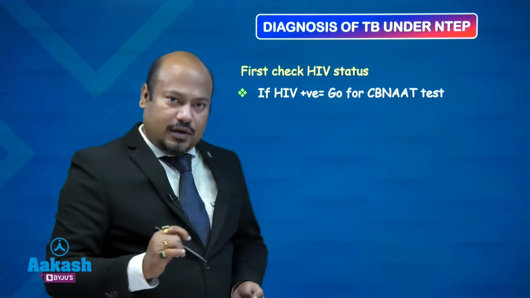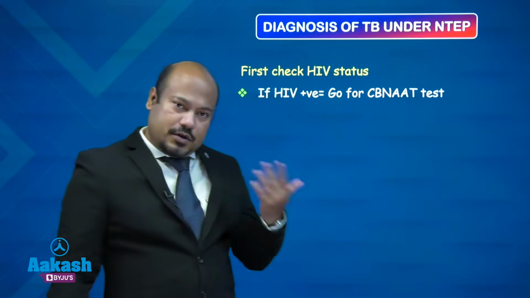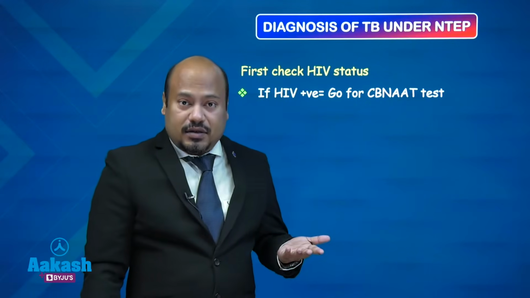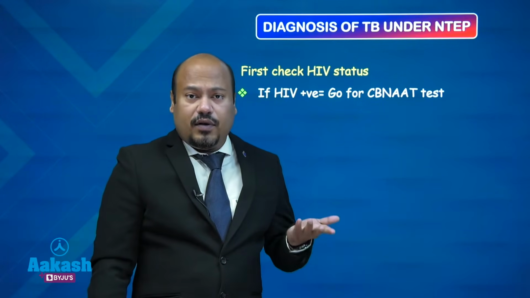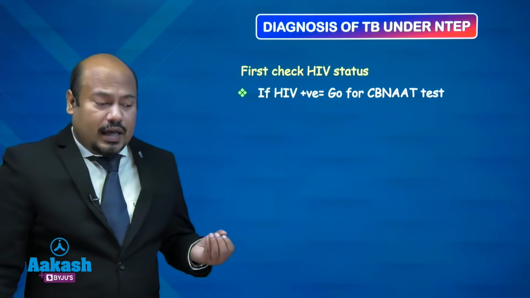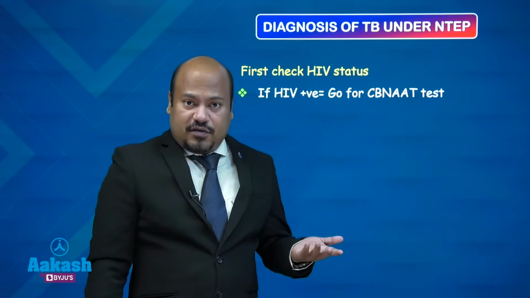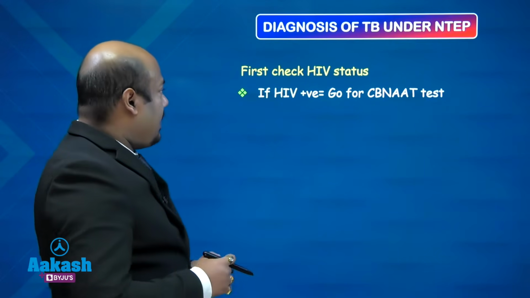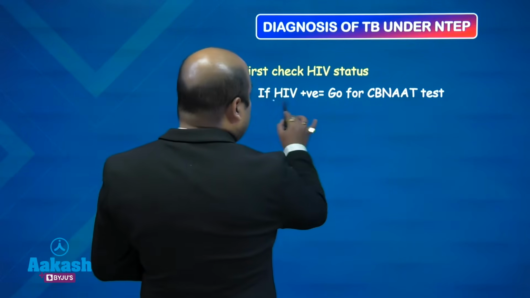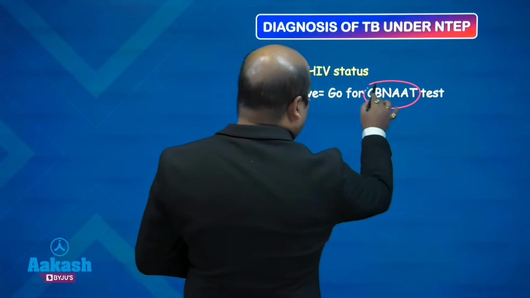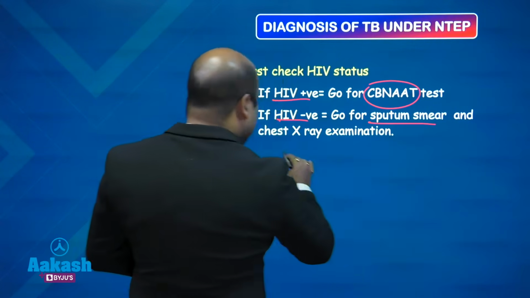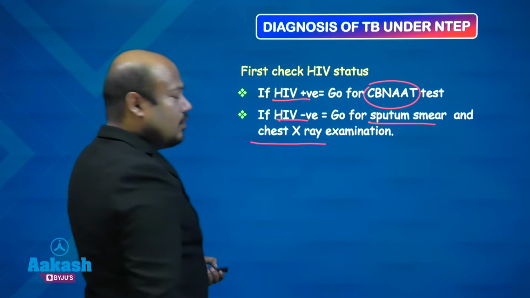For a TB patient whose sputum smear is positive, or sputum smear is negative but the chest X-ray changes are suggestive of TB, okay? And also there are symptoms, fever, hemoptysis. So first of all, you have to look at the HIV status. If the patient is HIV positive, go for CBNAT. If the patient is HIV negative, go for sputum smear and chest X-ray examination, okay?